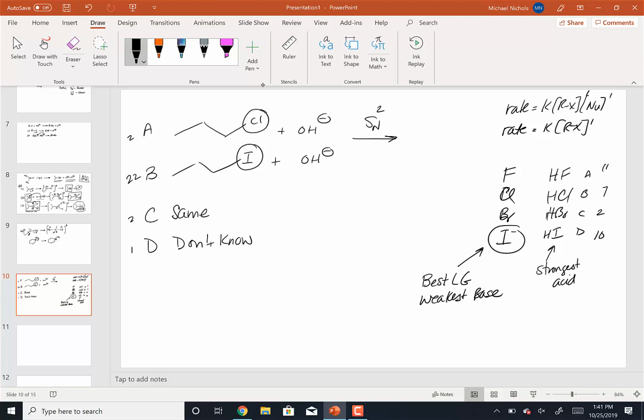So when we talk about nucleophilicity, what are we talking about? Horizontally, if it's a horizontal relationship, the best nucleophile is the strongest base.